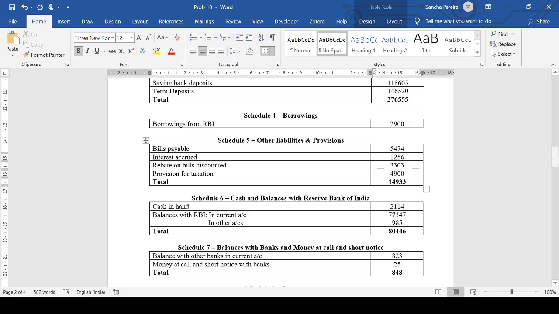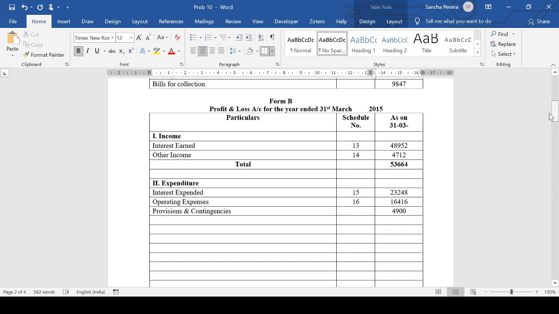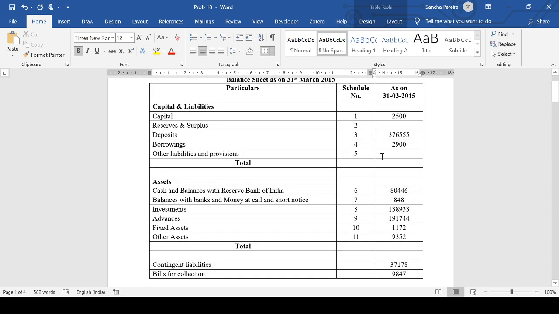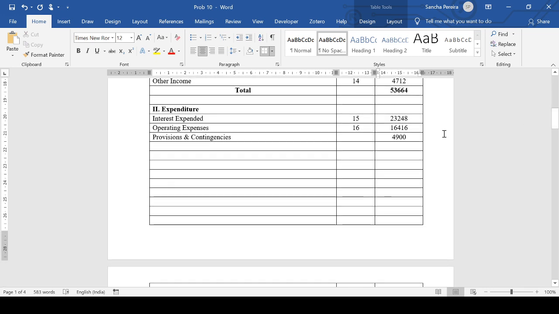So we know this 14,933. Need to transfer that to our balance sheet. Let's complete our profit and loss account now. So this total comes to 44,564.